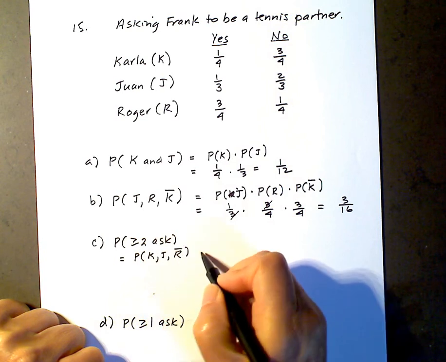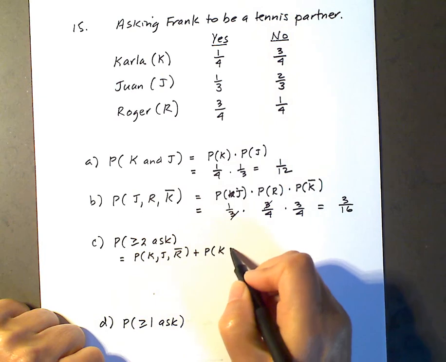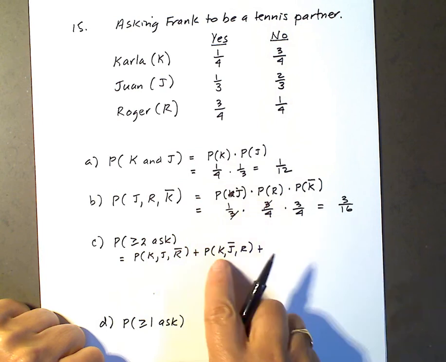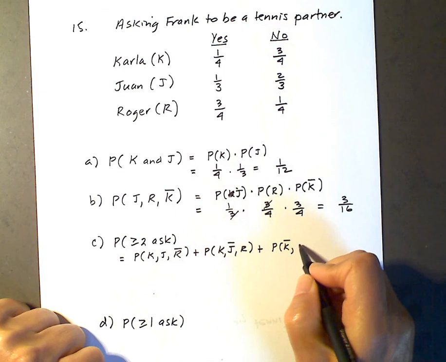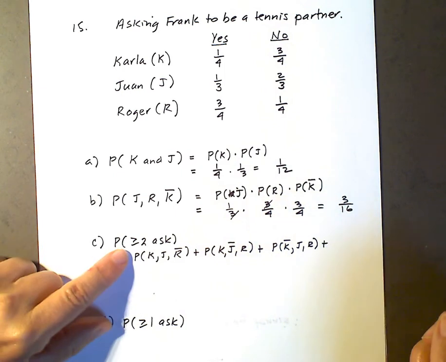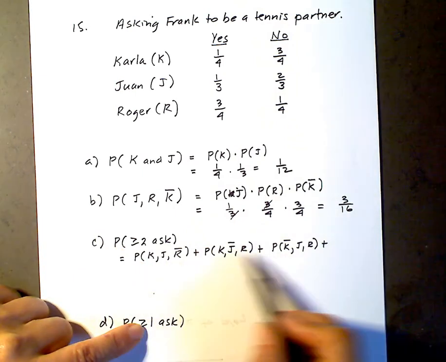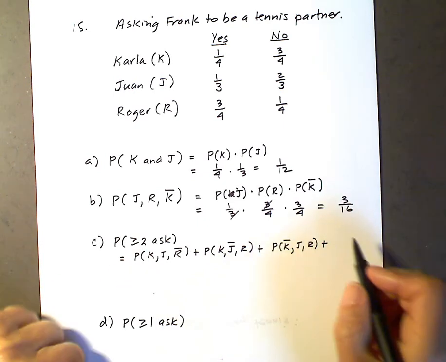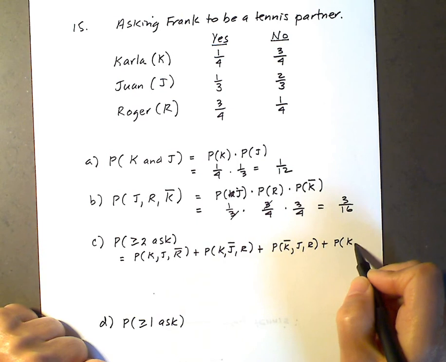And we're going to add to that the probability that Carla does, Juan does not, but Roger does. And then the probability that maybe Carla is the one who does not of the 3, and Juan and Roger do. So these ones all involve 2 of the 3 asking Frank to be their partner. And the last one, what if all 3 do? So that would be the probability of all 3, Carla, Juan, and Roger.